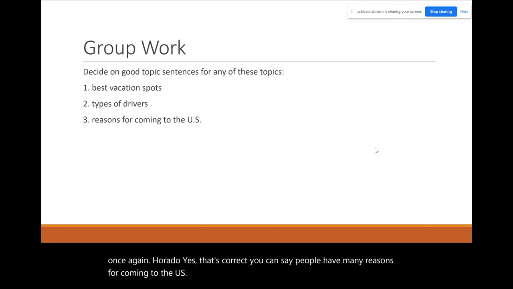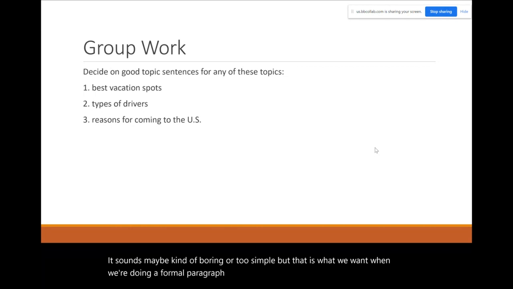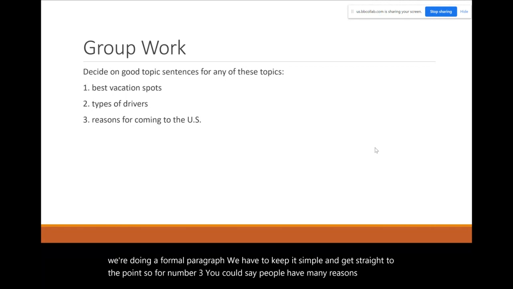It sounds maybe kind of boring or too simple, but that is what we want when we're doing a formal paragraph. We have to keep it simple and get straight to the point. So for number 3, you could say people have many reasons for coming to the United States.